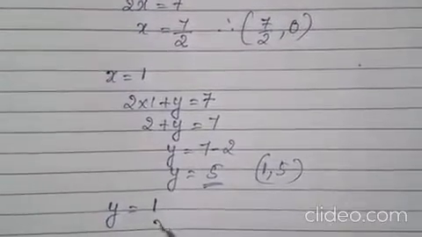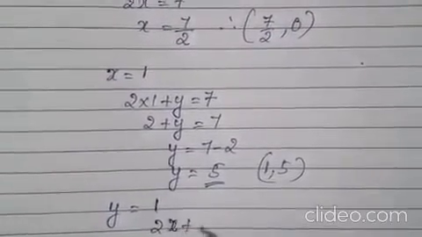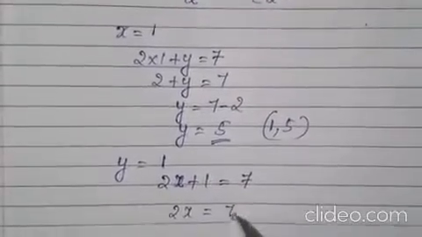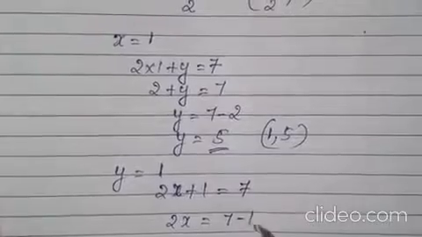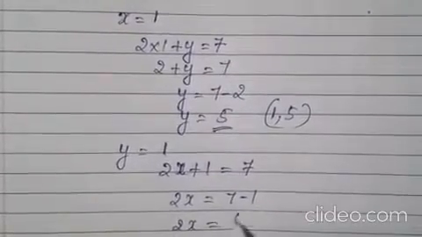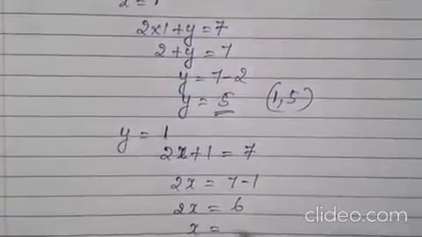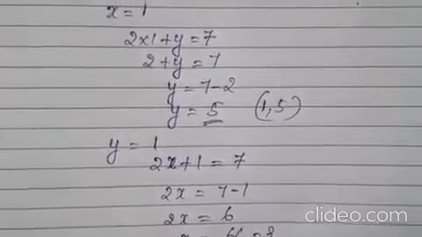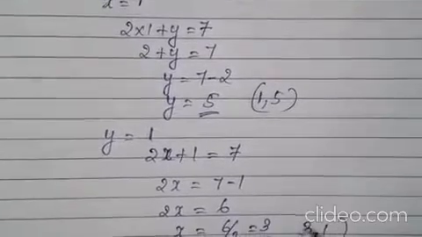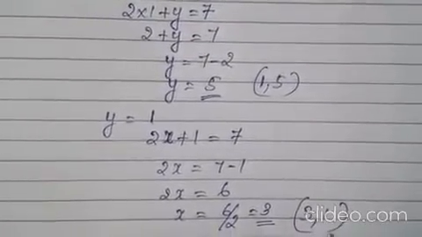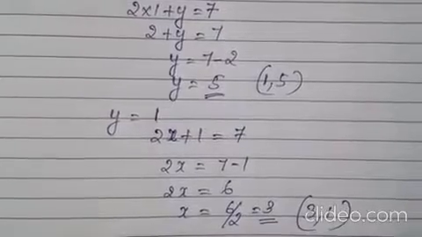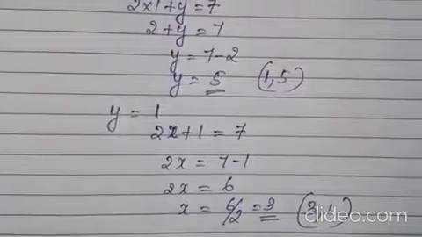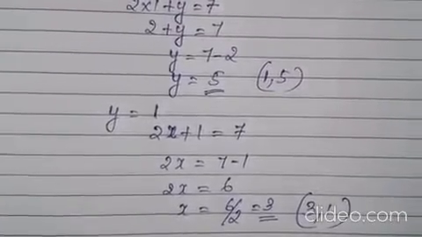Then 2x + 1 = 7. Transporting from LHS to RHS, it will be minus, so 2x = 6, x = 6 divided by 2, that is 3. Understood? So the solution is (3, 1). So the required four different solutions are (0, 7), (7/2, 0), (1, 5) and (3, 1). Understood?